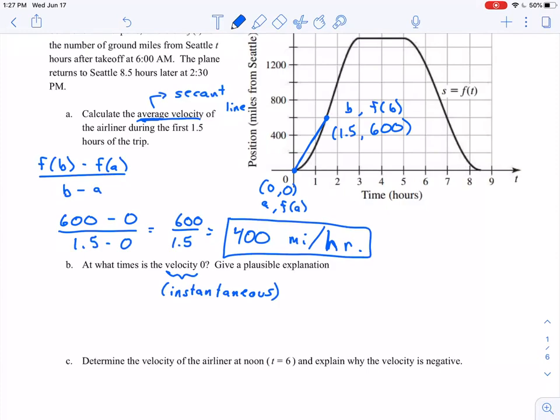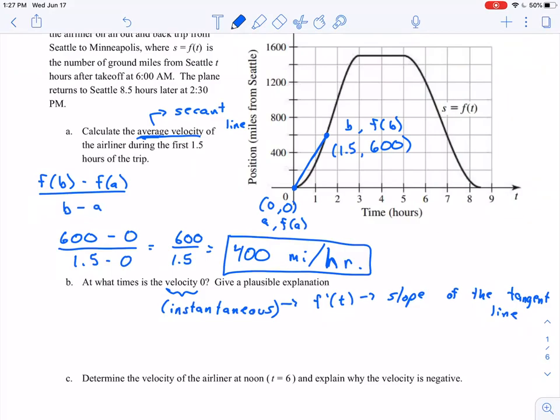So at what times is the instantaneous velocity 0? What I'm really talking about is where is the derivative f prime of t equal to 0. And that tells us the slope of the tangent line. Where is the slope of the tangent line equal to 0?